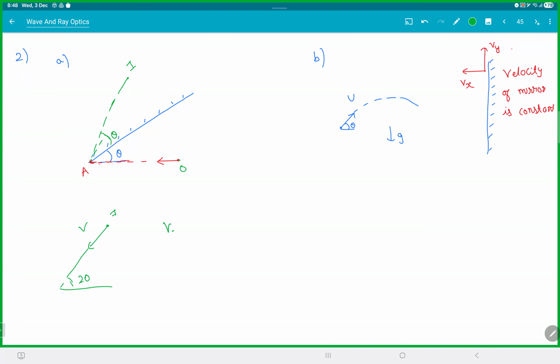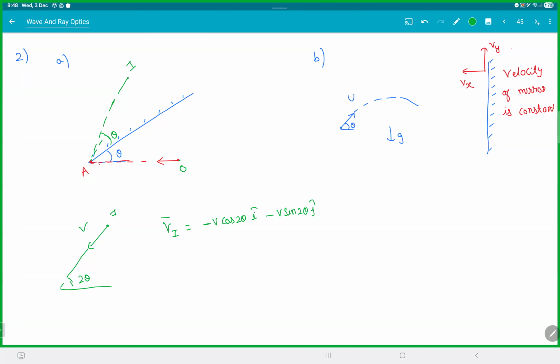So velocity of the image will be minus v cos 2 theta i cap minus v sin 2 theta j cap. Is that clear, everyone? The object and the image both will go with an angle theta with the mirror, and they will meet at that point. When the object comes there, the image will come there.